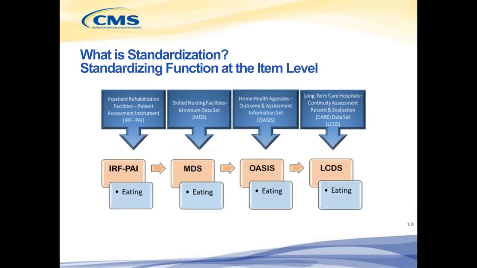By measuring a person's ability to eat in a standardized way, we're able to compare their progress or lack thereof over time and across care providers, whether that's in a post-acute care setting, acute care setting, or at the person's home. And measuring in a standardized way also allows us to transfer information about the patient more easily. So the focus is no longer on the care setting, but on the person to help inform person-centered care. And next slide, slide 11.